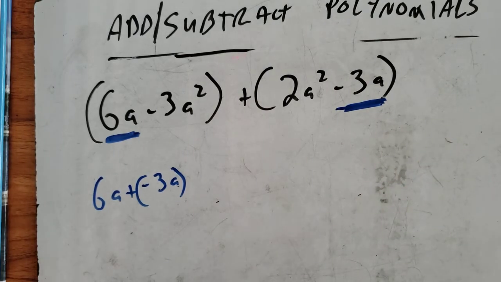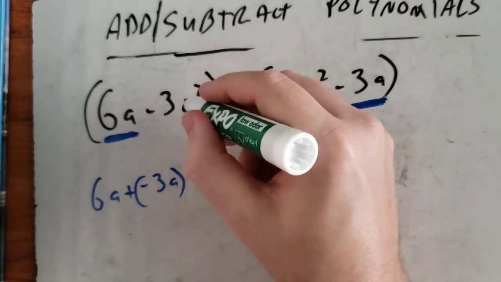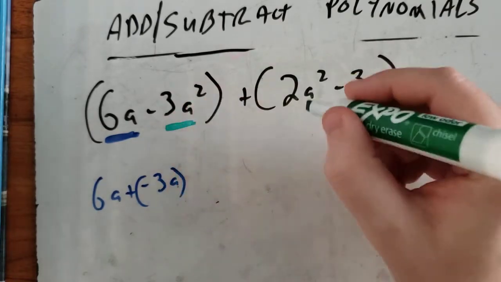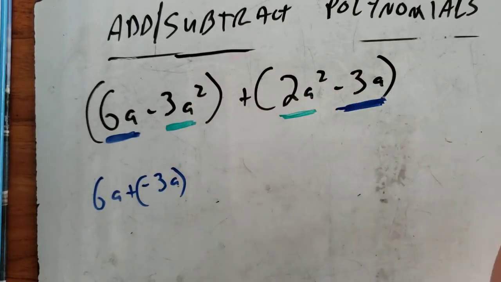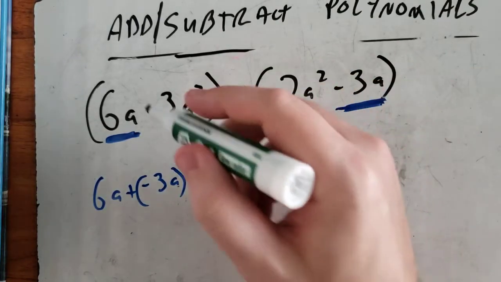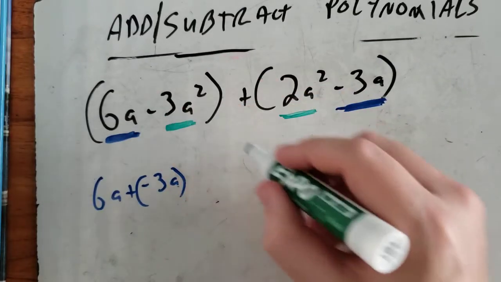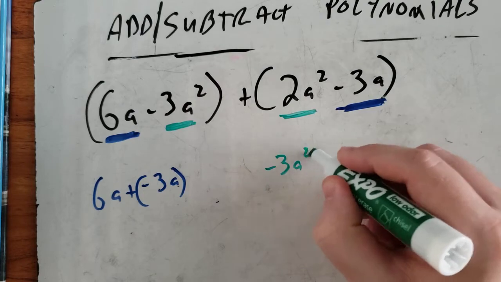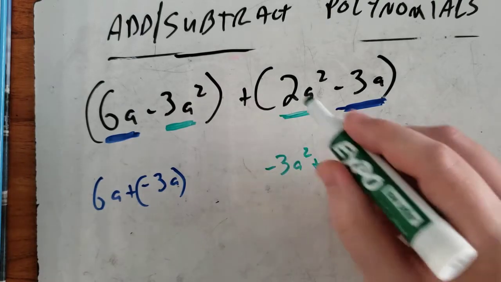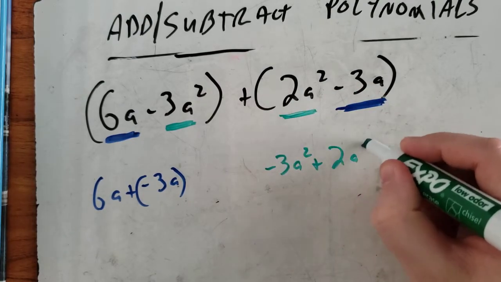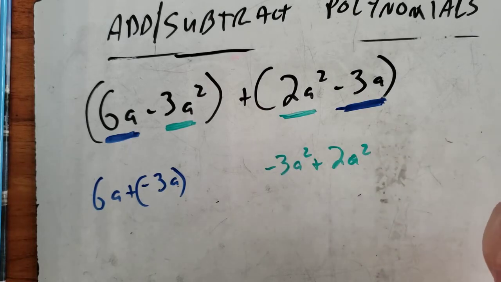Now our other terms have an a squared. So we have our a squared here, and our a squared here. So now this minus goes to the 3, okay? So we have negative 3a squared plus 2a squared, okay?